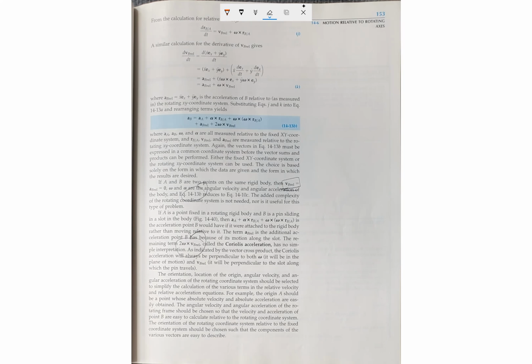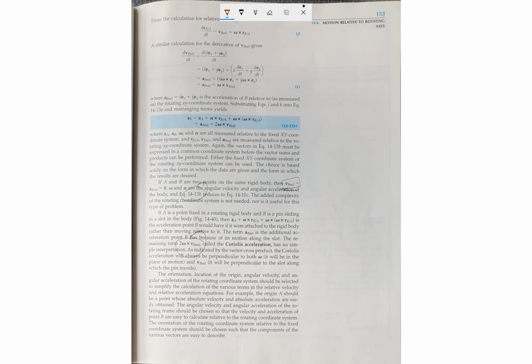So we have that slot in the figure and we've got the pin. If the pin is accelerating, then this is just the acceleration that is tangent to the curve of the pin, or the curve of the slot. Hopefully those last two terms, one mathematically and the other one just kind of, are straightforward.